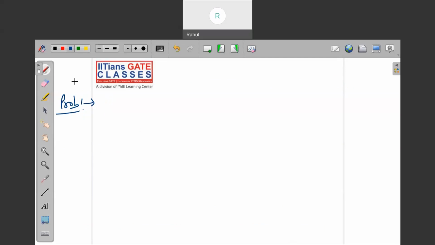The force between two charges is 1 by 4 pi epsilon naught, or epsilon, q1 q2 upon r square. If there is a system of charges, how are we going to compute the forces among all the charges? So we apply superposition.